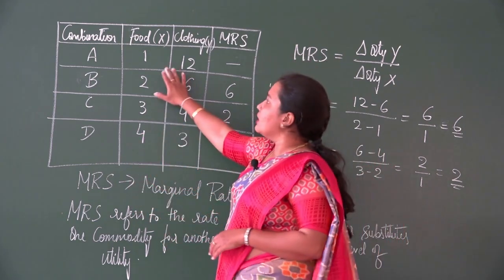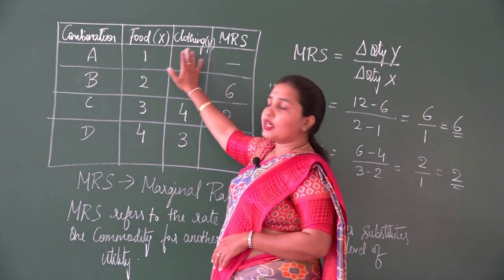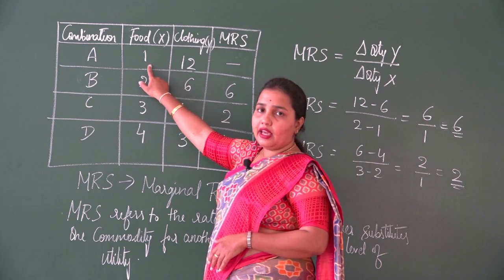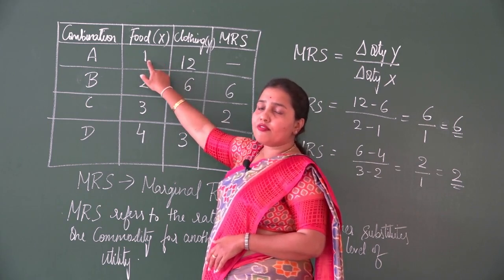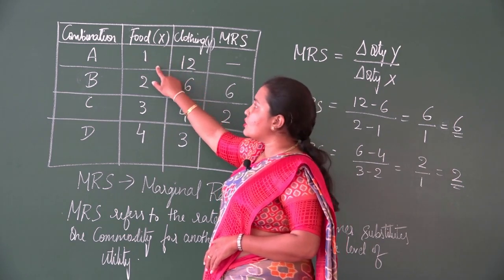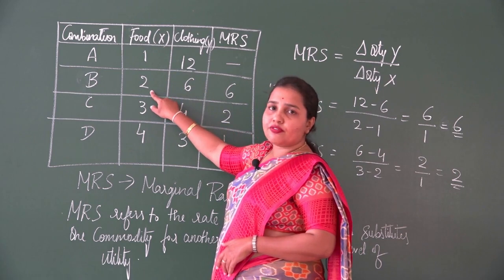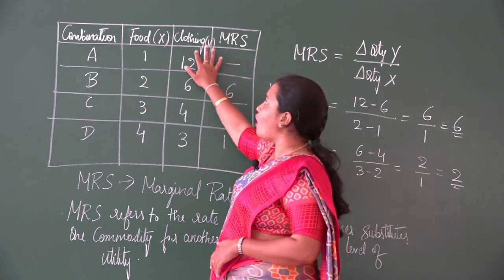If you look at the two commodities that we have taken, food and clothing, in combination A he has the option of 1 unit of food and 12 units of clothing. If he wants to buy one more unit of food, he has to sacrifice some units of clothing.